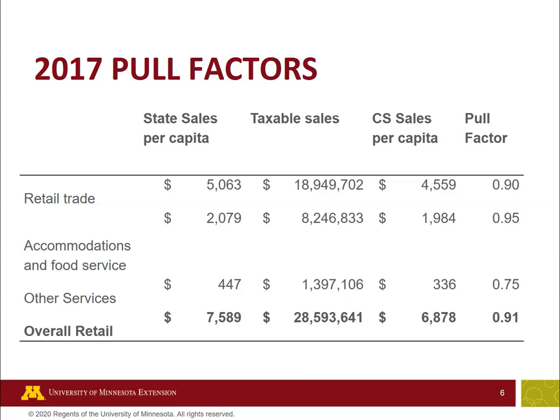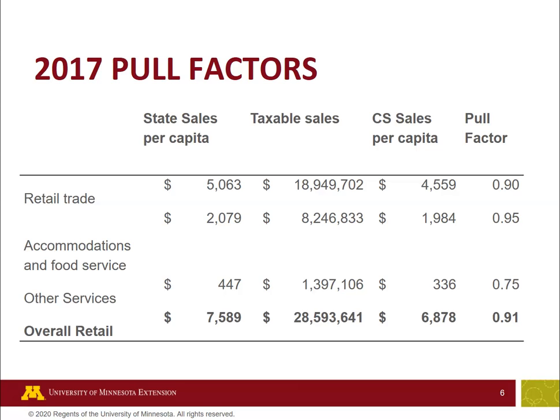We could also use that data to calculate something called a pull factor, which is really just a way to compare Cold Spring's sales per capita with the state of Minnesota sales per capita by each retail category. If the pull factor is a 1, that means that the state sales per capita and Cold Spring sales per capita are the same.